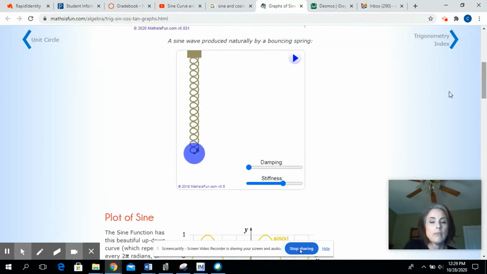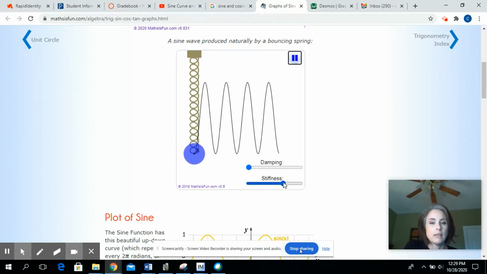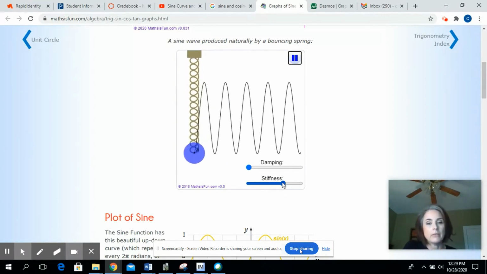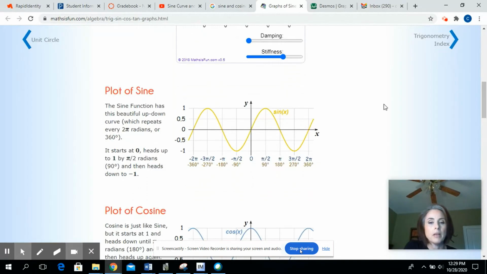So a sine wave acts kind of like a spring. As it bounces, it produces the same wave. A sine wave, the sine of 0 is 0. So the sine wave will start at 0, and then at 360, it'll repeat.